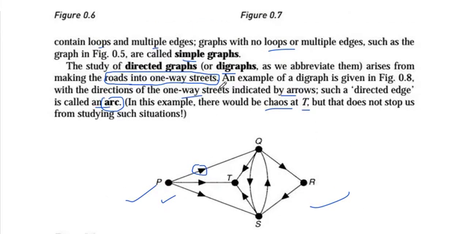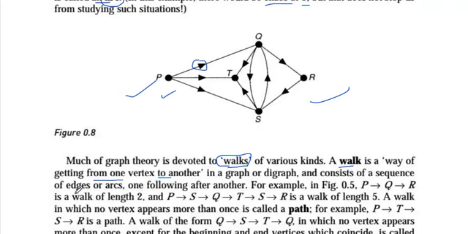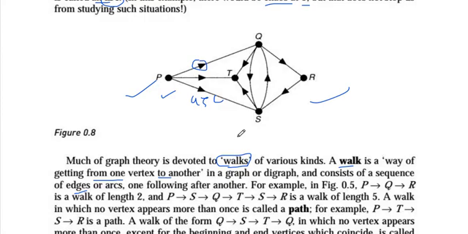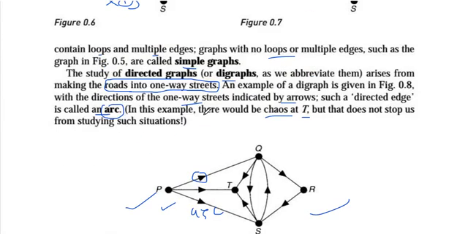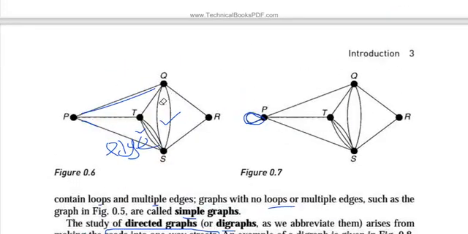This is a digraph and this is a simple graph, and a walk consists of a sequence of edges or arcs. In a simple graph they are called edges and in a digraph they are called arcs. Let's take an example in this figure: P, Q and R. This is a walk of length two. Why length two?